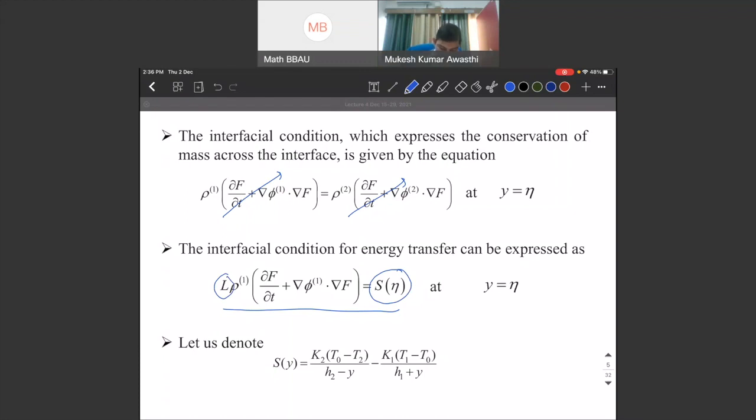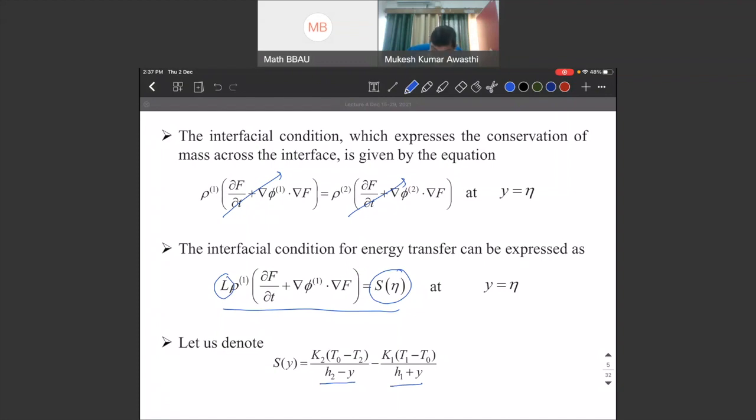Actually, we will neglect the effect of the kinetic energy, and that net heat flux can be calculated using the heat flux in the second phase minus the heat flux in the first phase.